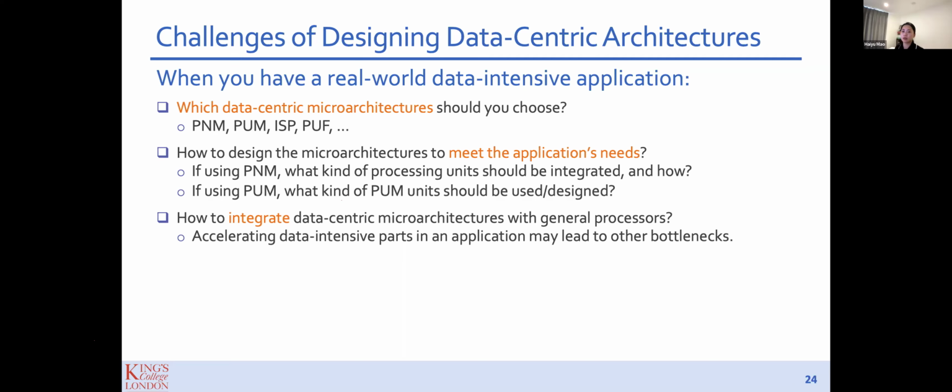So there are some similarities to accelerators, but there are also some differences that we need to reconsider, let's say, the way to access the memory.